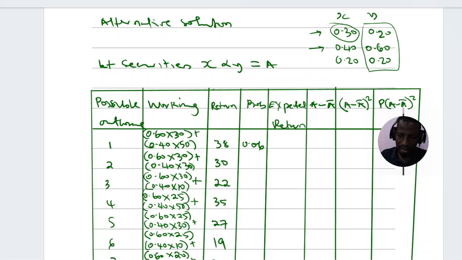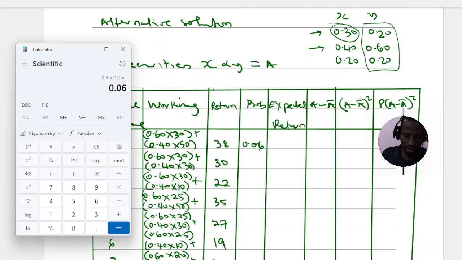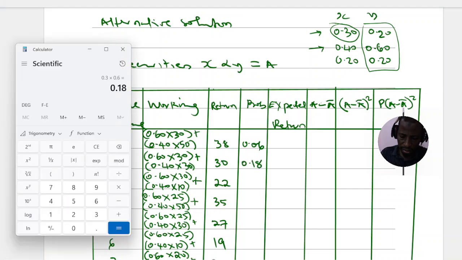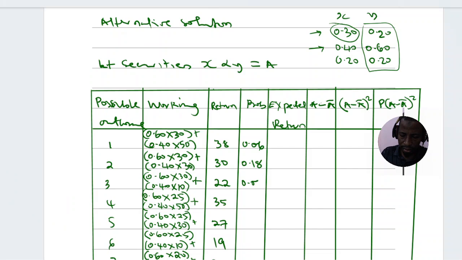The probability of that 30 is still 0.3. The probability of this 30 for Y is 0.6. Therefore, 0.3 multiplied by 0.6 equal to 0.18. Again, the third one is 0.3 multiplied by 0.2 equal to 0.06.